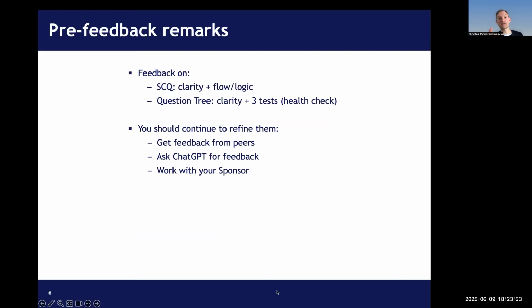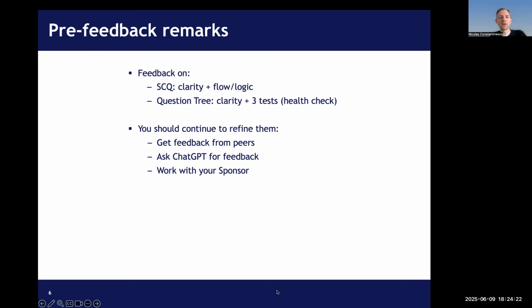So basically the health check: you want your question to be solution focused, MECE, and to make business sense. Give that as the rules, and generally it gives excellent feedback. And then of course work with your sponsor to continue to refine them, because at the end of the day, it needs to resonate with your sponsor.